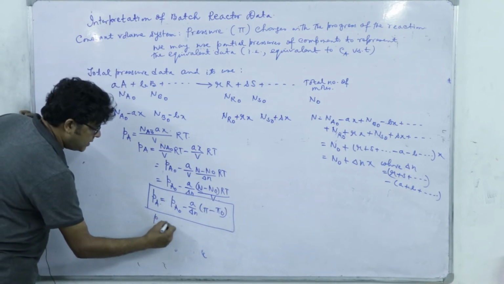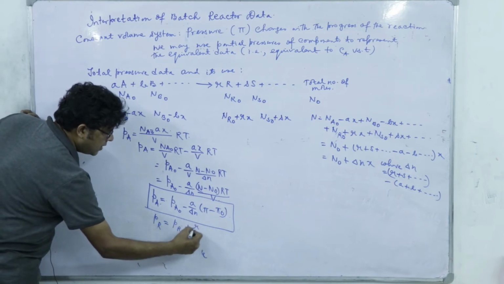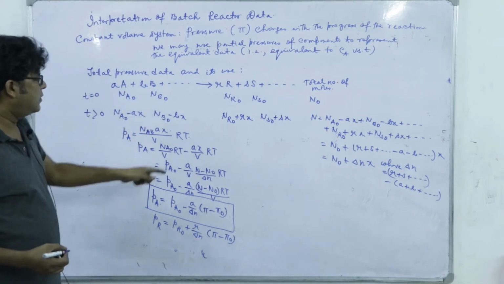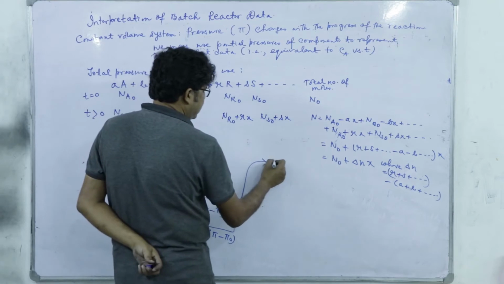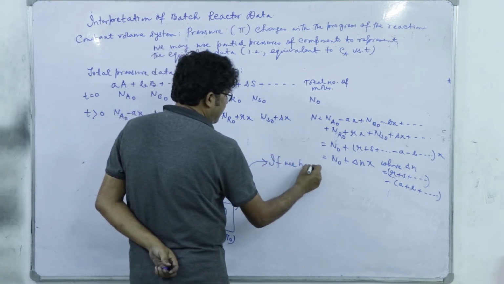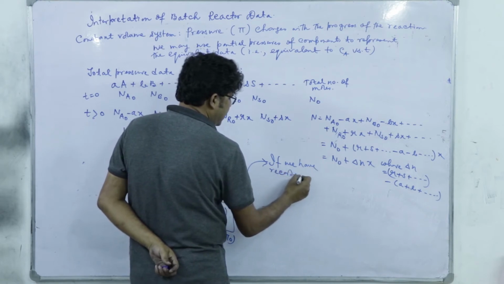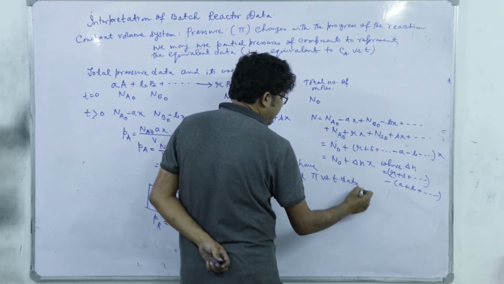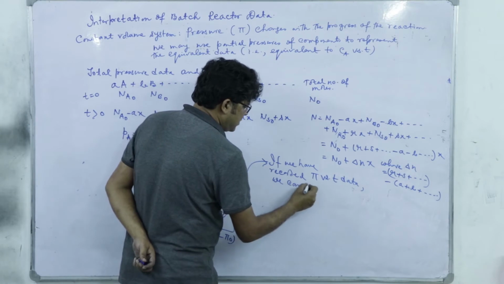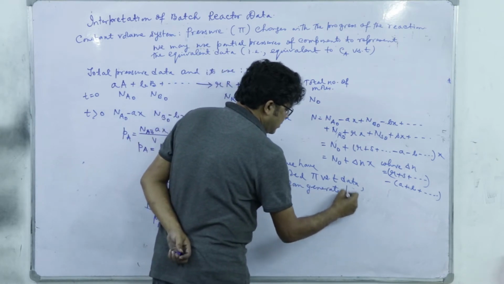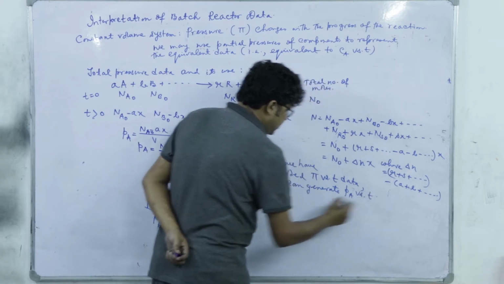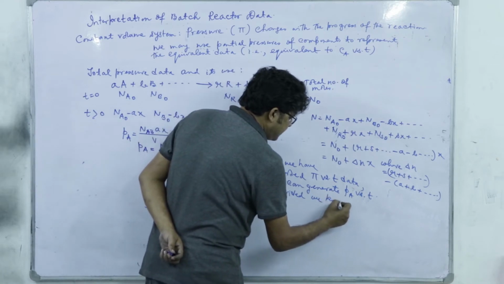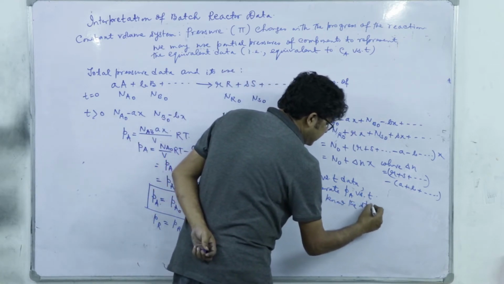Similarly, you can write PR is equal to PR0 plus small r by delta n into pi minus pi 0. Right? So the conclusion is, if we have recorded pi versus t data, we can generate PA versus t, provided we know the stoichiometry of the reaction.